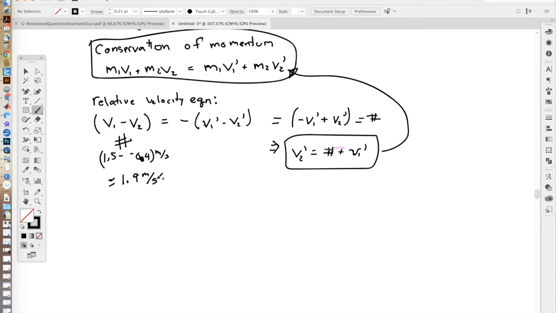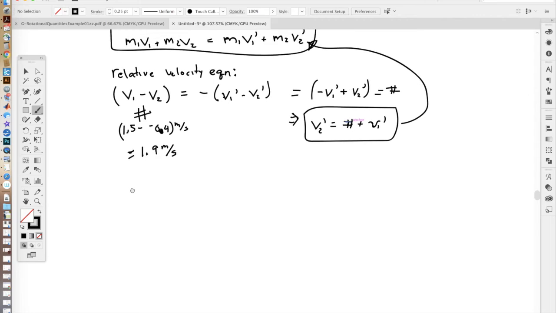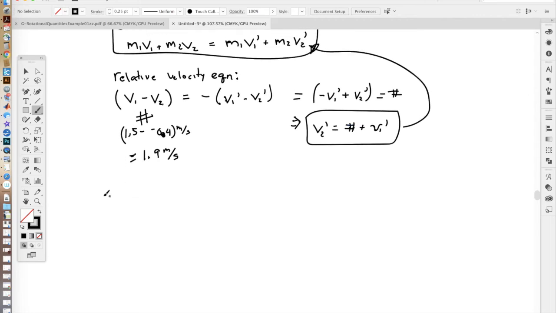Okay, so let's do it. Give myself some writing room here. We can now write conservation of momentum as m1 v1 plus m2 v2 is equal to m1 v1 prime plus, and now we'll substitute in, we have m2 times v2 prime, but v2 prime is now just a number, that's 1.9, plus v1 prime.